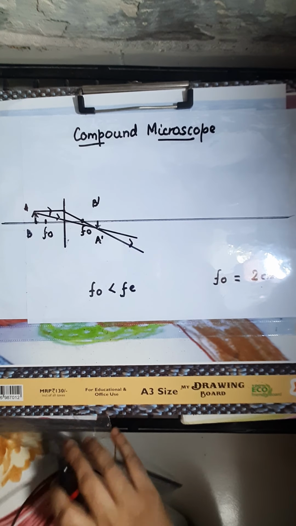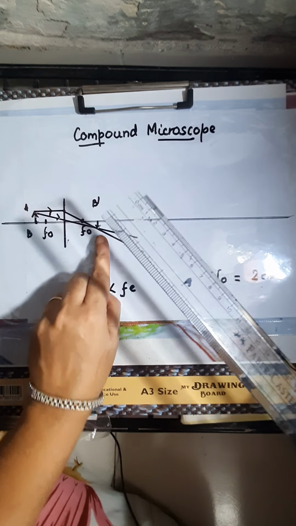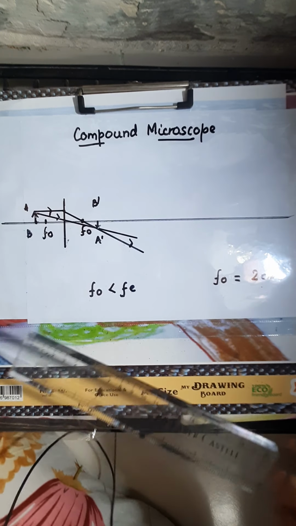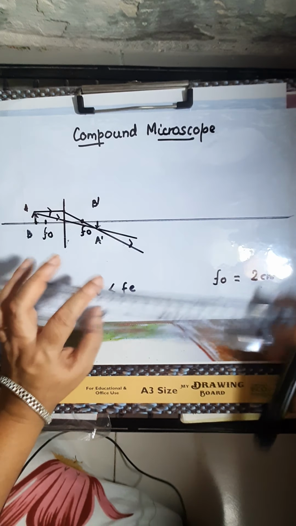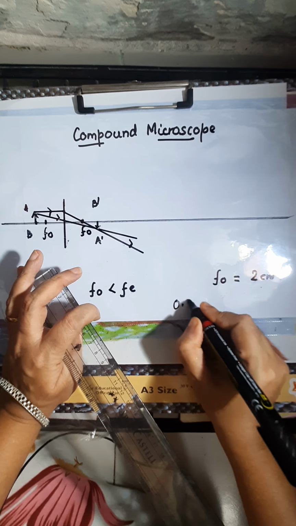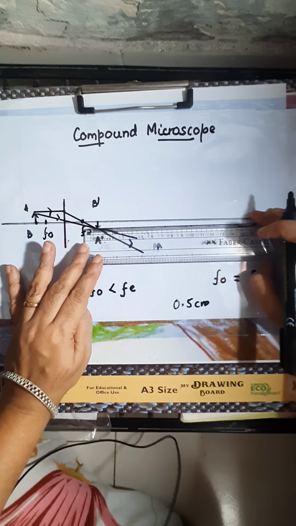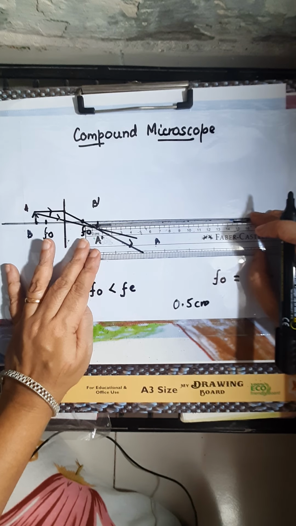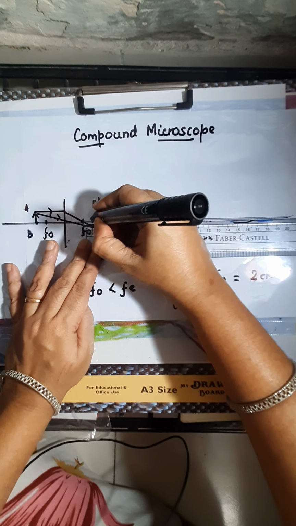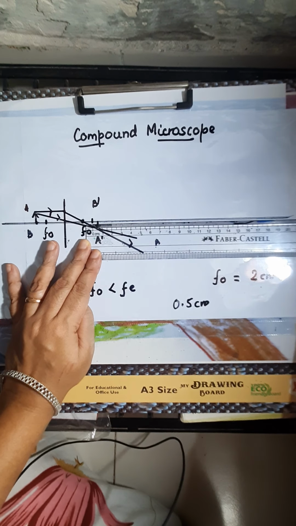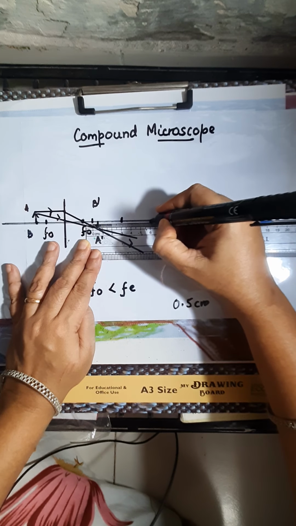Now this image should lie within the focus of the second lens, your eyepiece. So for our convenience, we will remember this 0.5 centimeter. This makes the diagram a little easier. And then I will obviously take 3 centimeters and another 3 centimeters.